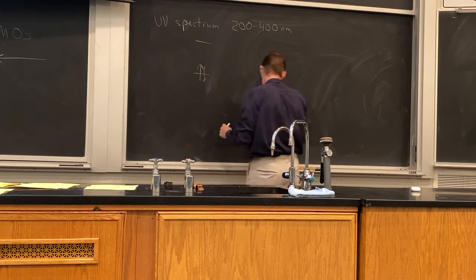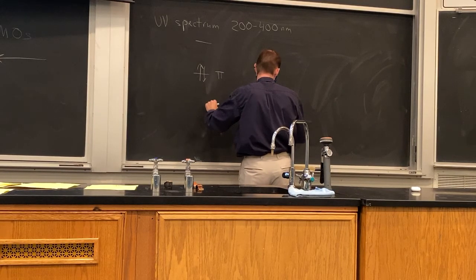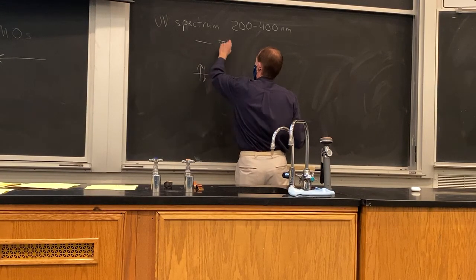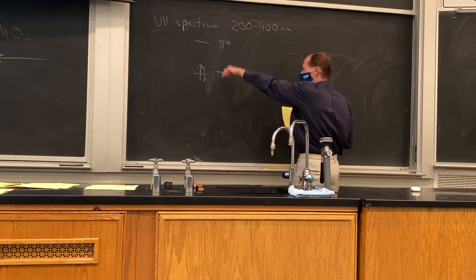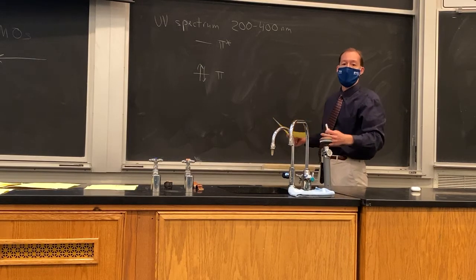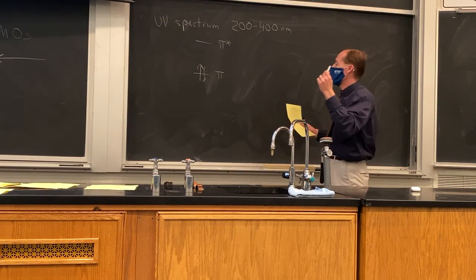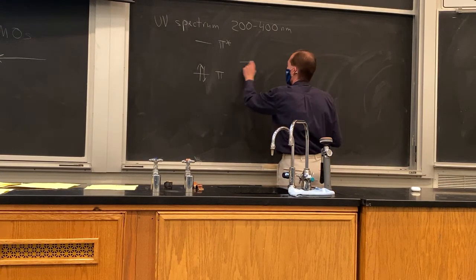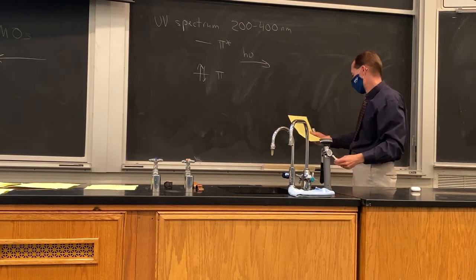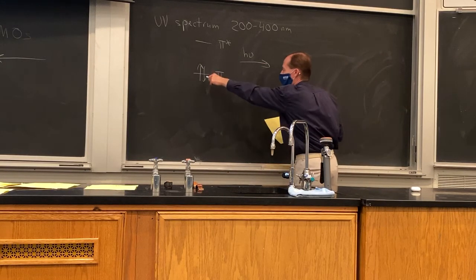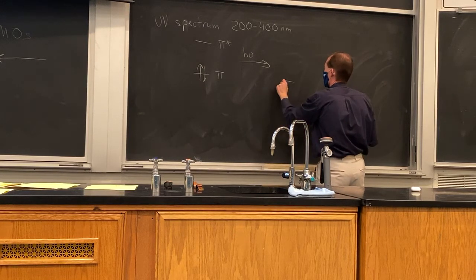So the ground state of a diene, we would have our occupied HOMO and our unoccupied LUMO. If the difference in energy between those orbitals is equivalent to a certain wavelength of UV light, if we shine that wavelength on the molecule, we'll use h nu to represent the UV light, then one of these electrons will be promoted to the higher energy level. Okay?